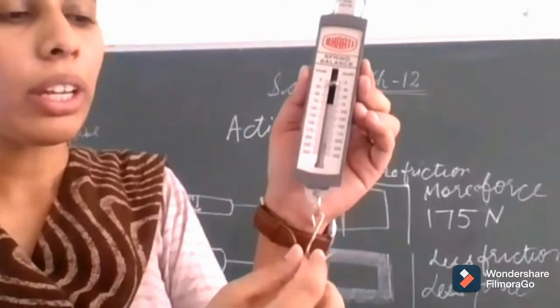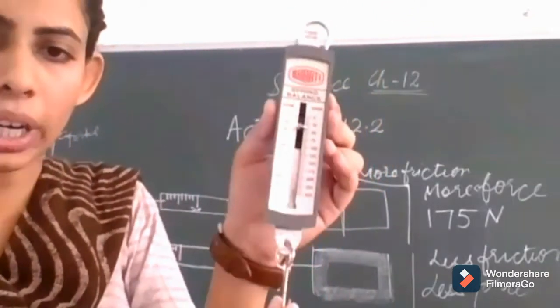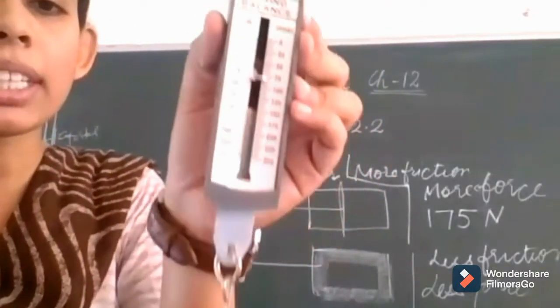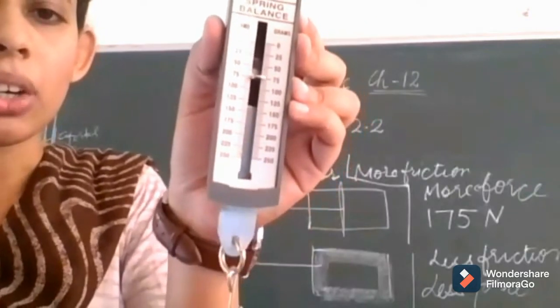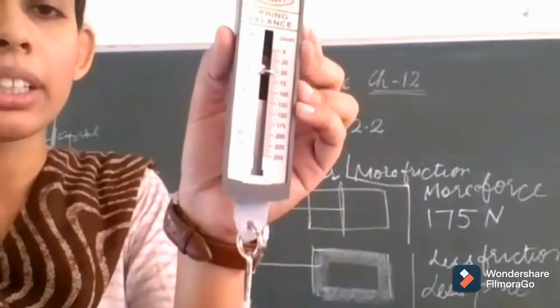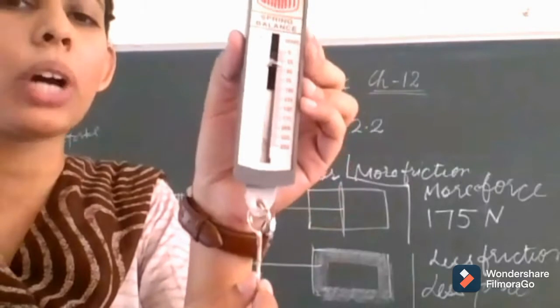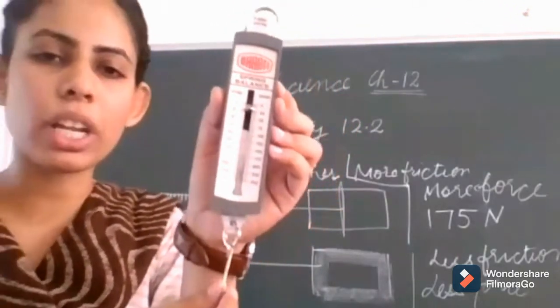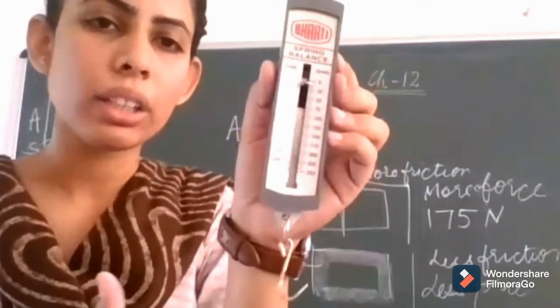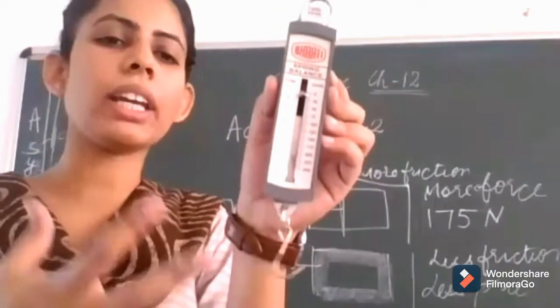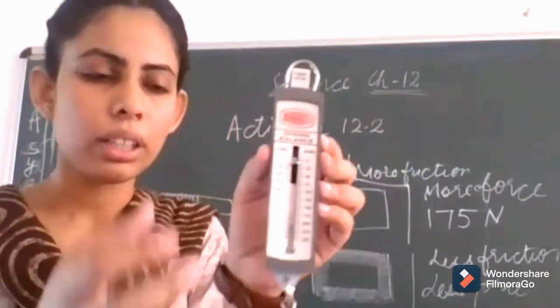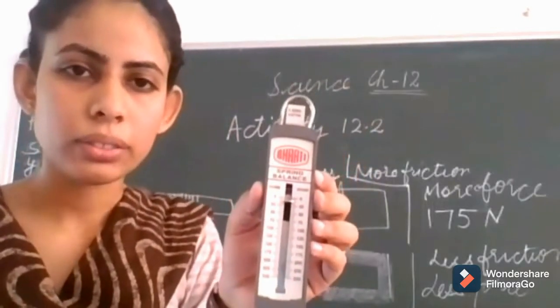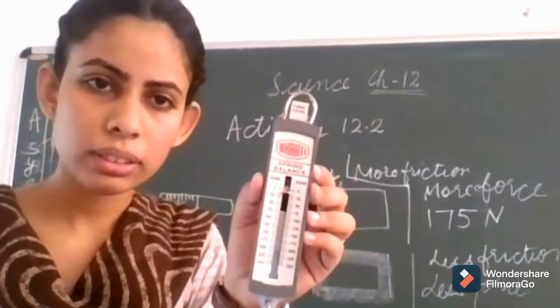So when we apply weights to it, then you can see the spring. It will show the reading of how much force you are applying. You can also use it for measuring mass, or that is weight. How much weight is acting on the body. Clear?